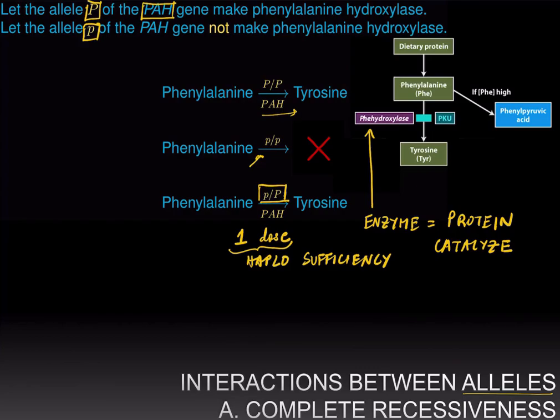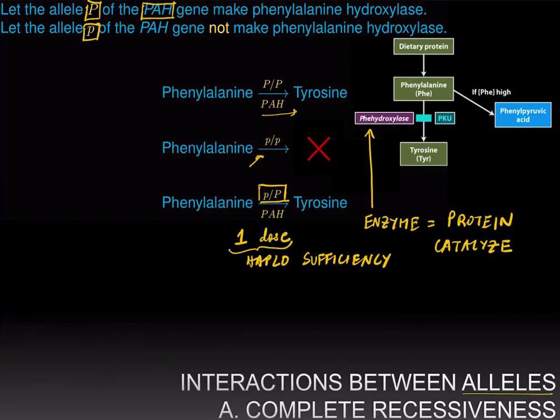So the heterozygous individual has just one dose of the functional gene that makes the enzyme. However, that one dose happens to be sufficient for having a wild type phenotype and not having the disease.